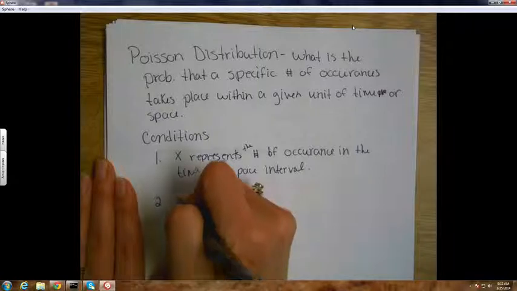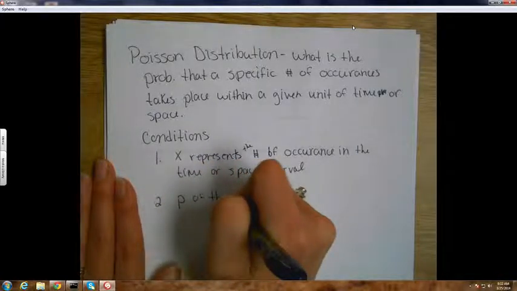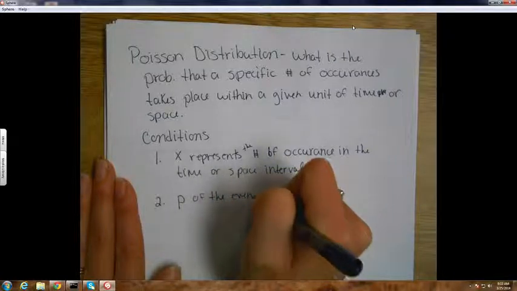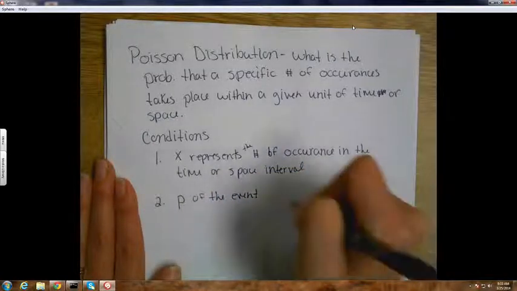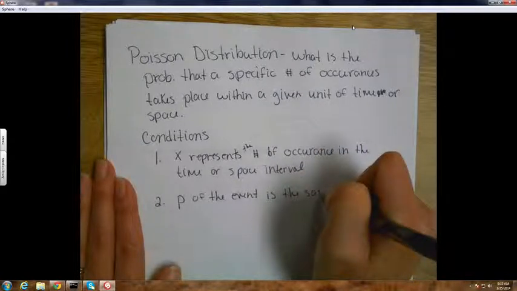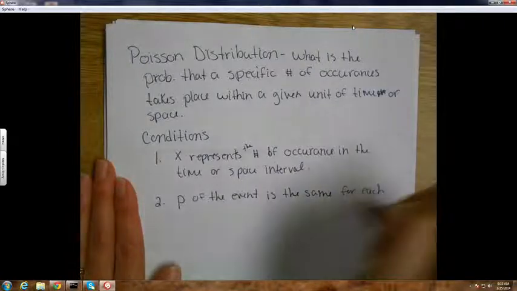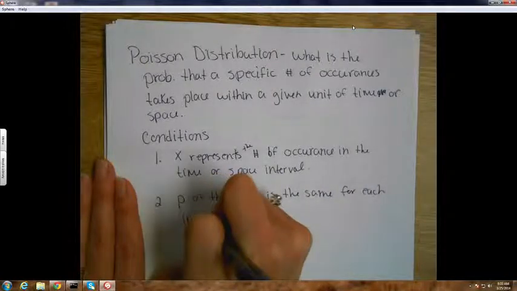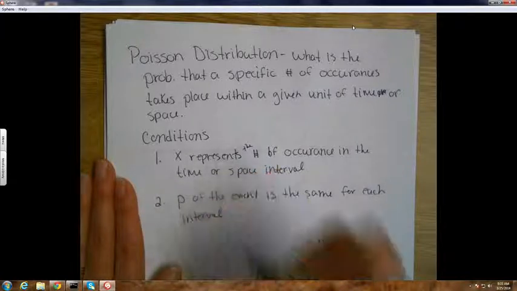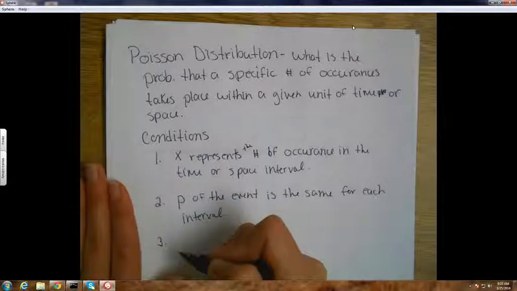The probability of the event is the same for each interval. And the occurrences are independent of each other.